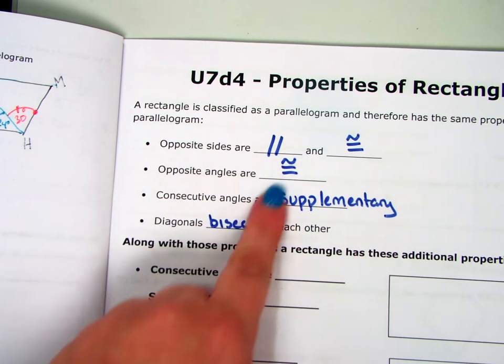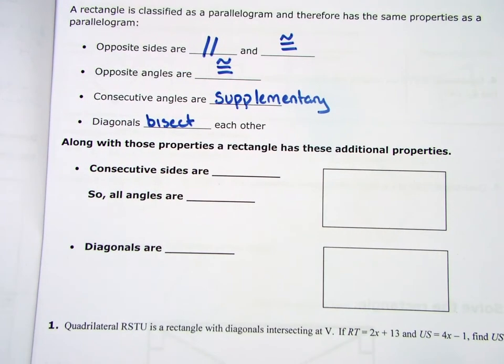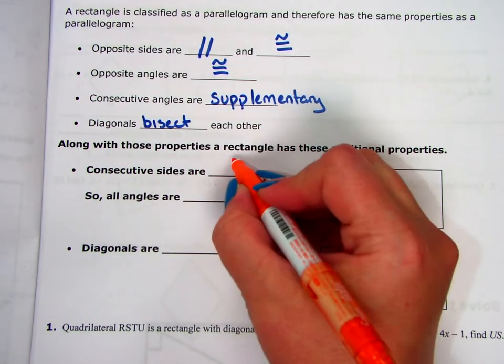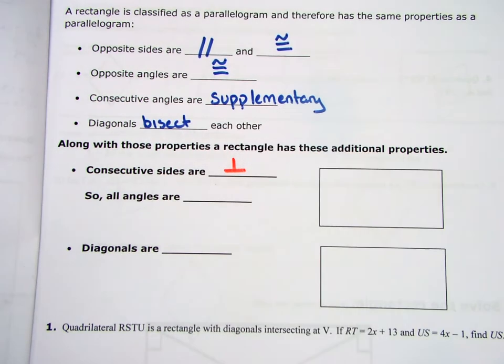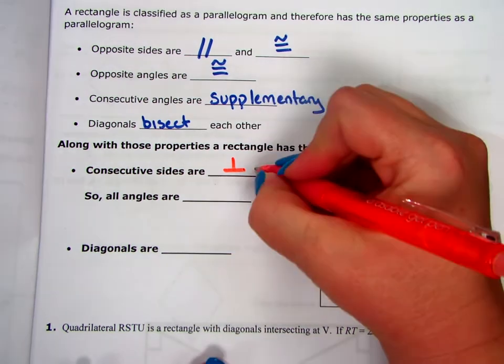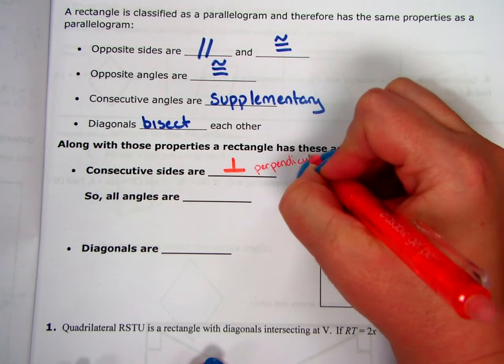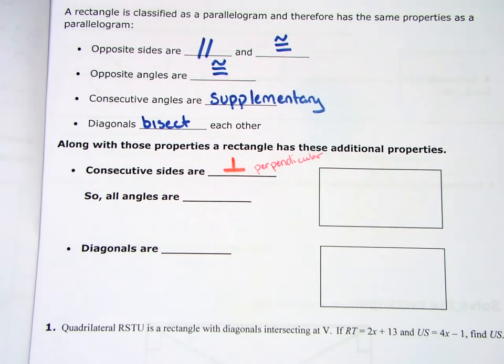In addition to these parallelogram properties, in a rectangle, my consecutive sides are, do we remember this symbol? Perpendicular. If you didn't remember that, then next to the symbol, you need to write that down. Consecutive sides, remember, are sides that are next to each other, right?